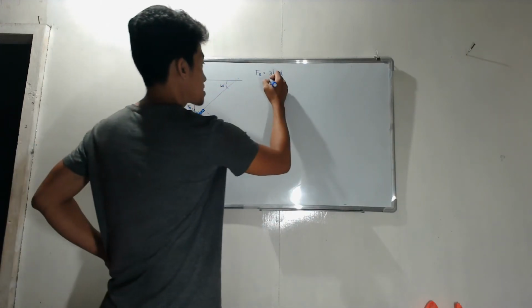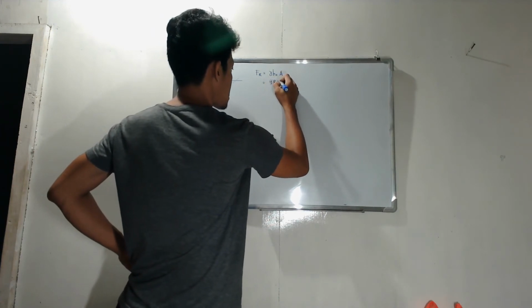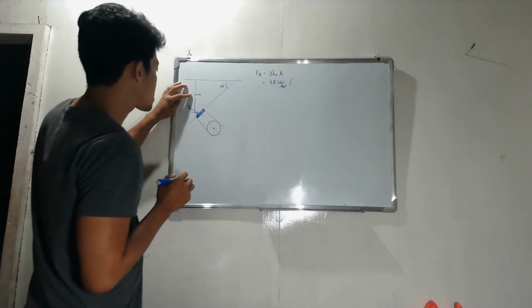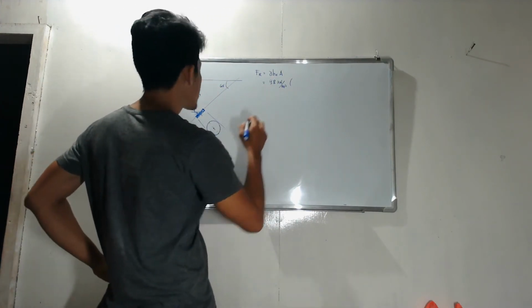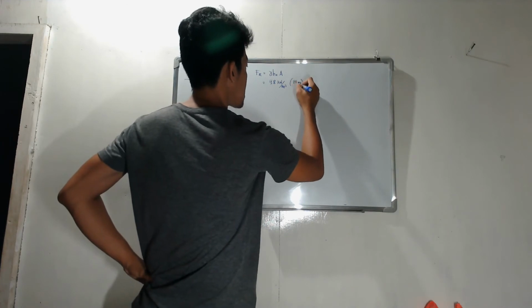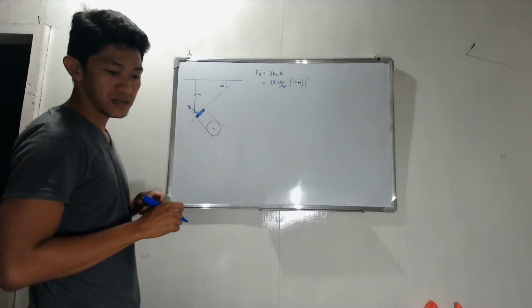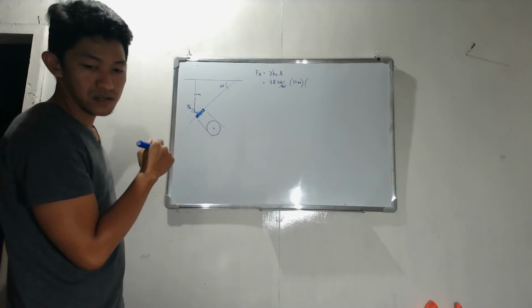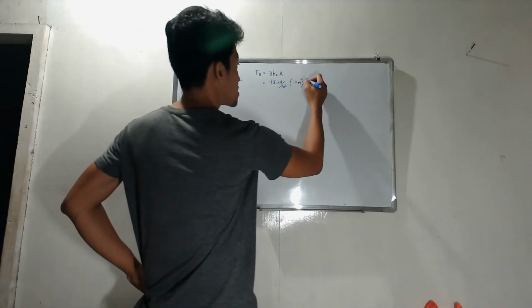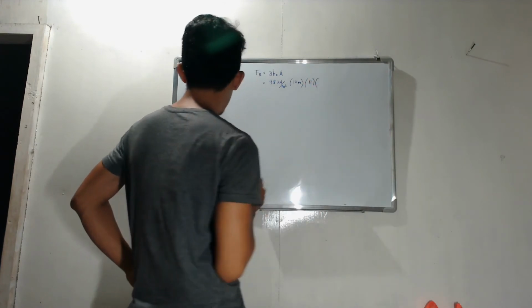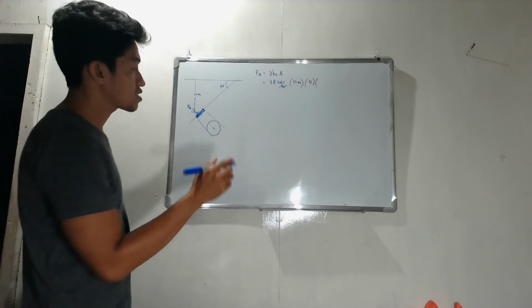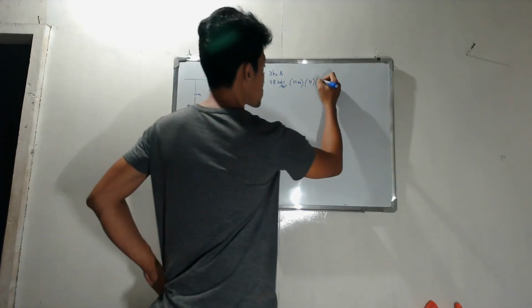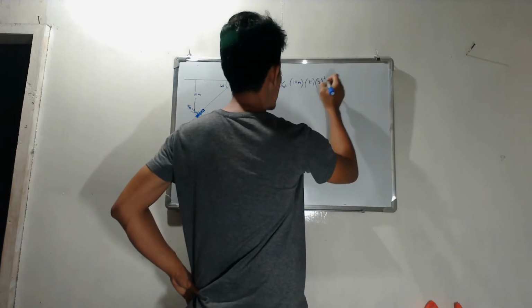So, gamma is 9.8 kilonewton per cubic meter. H sub C is this one, 10 meters, right? What is the area of the gate? A circle is just pi r squared. Pi, and the diameter here is 4, so the radius is 2 meters, 2 squared.